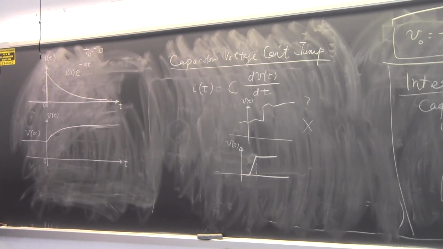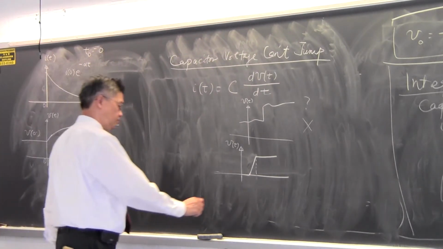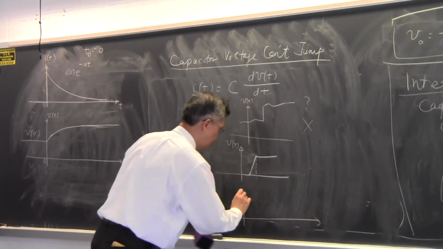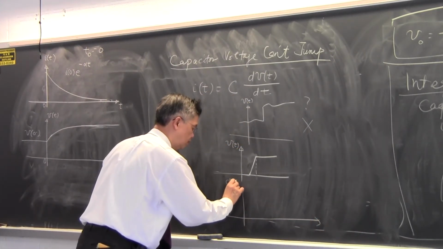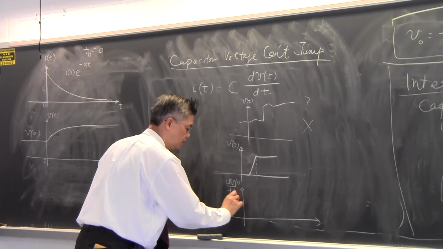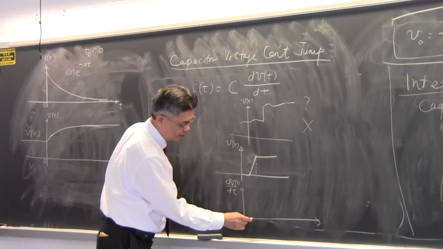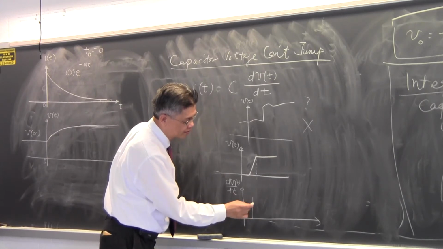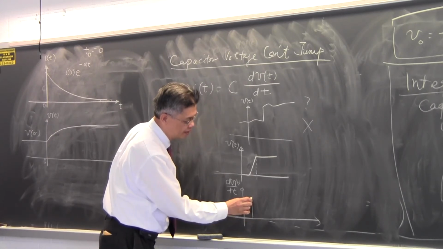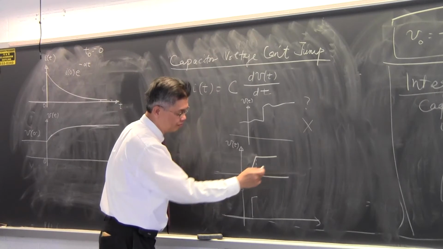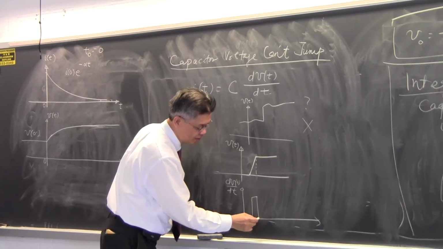If you were to differentiate this function, what do I get? I get 0 here, right? And then at this ramp, I just get a constant value, and then beyond that ramp, I get back 0.